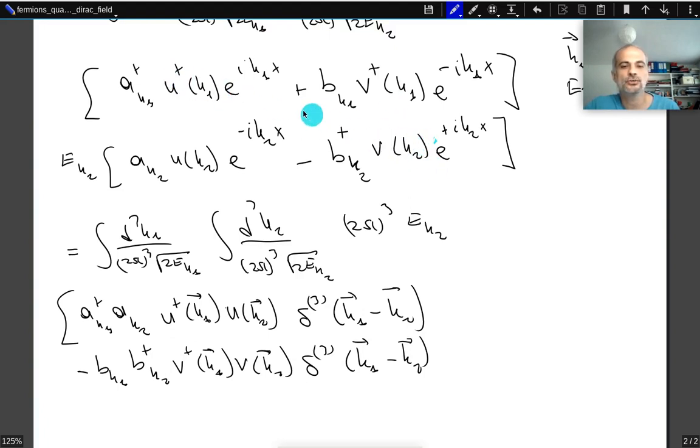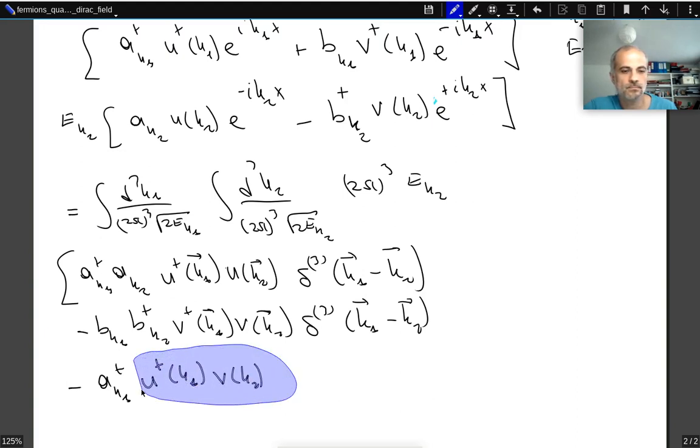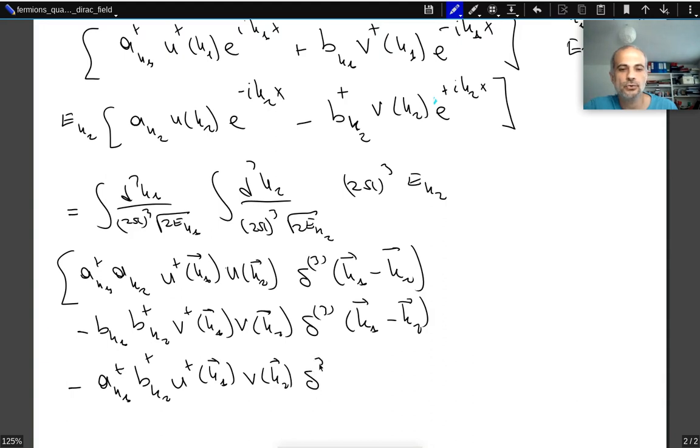Now let me look at the cross terms. Let me write the first one, this term multiplied with this one, so it's a minus a k1 dagger, u dagger k1, v of k2, then I have b k2 dagger, and then I have the Dirac delta cubed k1 plus k2, and then I have e to the power i e k1 plus e k2 of t.